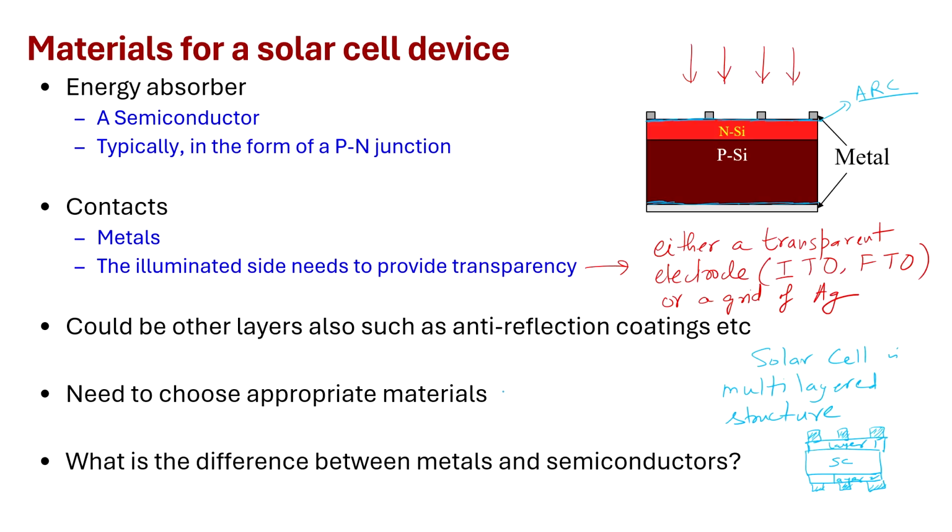So this requires you to understand energy bands in the material and how they align with each other when they are put in a device. And this is where we will also learn what is the difference between, for example, a metal and a semiconductor. So these are some aspects that we need to learn.